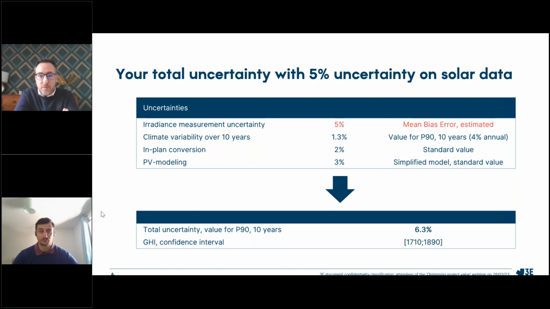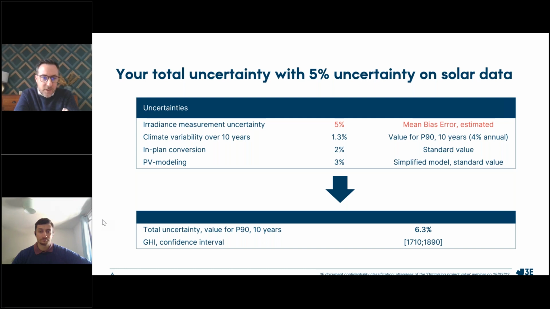The distribution of your production follows a Gaussian model, which is like that, and the uncertainty helps you to identify the probability of exceedance of a certain value. So here it's a P90, meaning you have 90%. If you take the next 10 years of production, you will have 90% of your time production at least equal to this value.